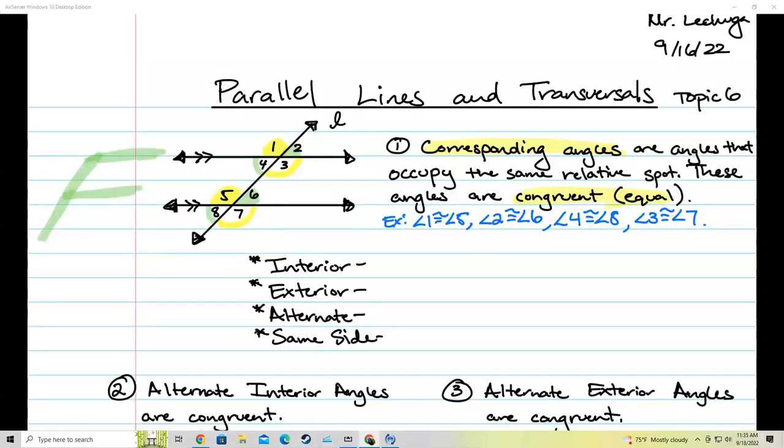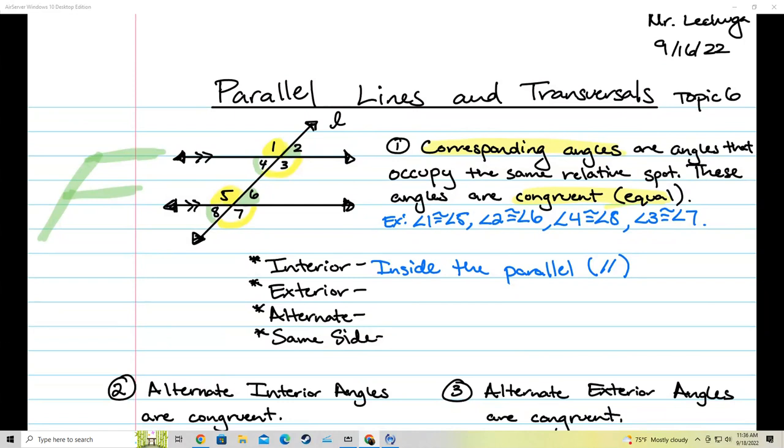When I say interior, and I'm talking about parallel lines, then I'm talking about the angles inside the parallel lines. Interior means inside. When I say parallel lines, you can denote parallel by using 2 forward slashes, using that symbol right there.